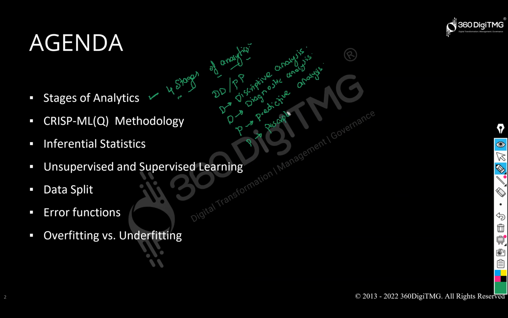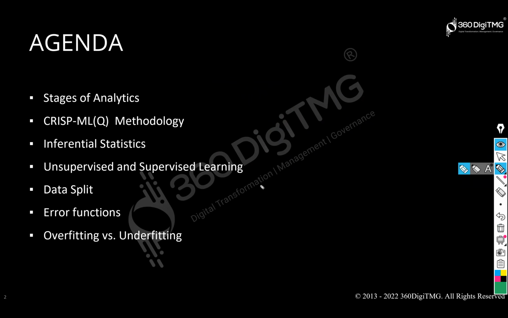These are the four different analyses we have. We start with descriptive and end with prescriptive analytics. At the third stage, we do predictive analysis after we do diagnostic analysis. And there are some stages of analysis there.